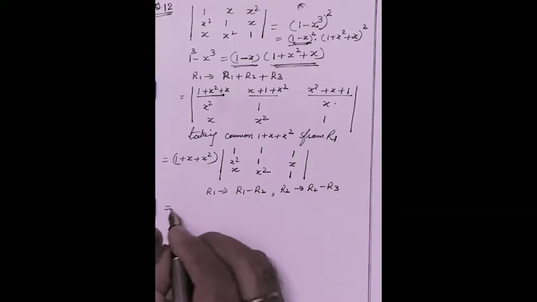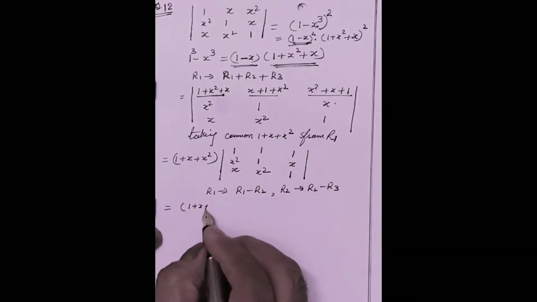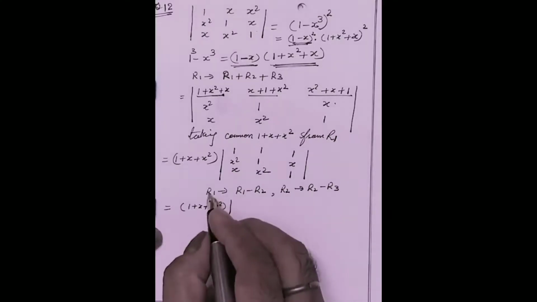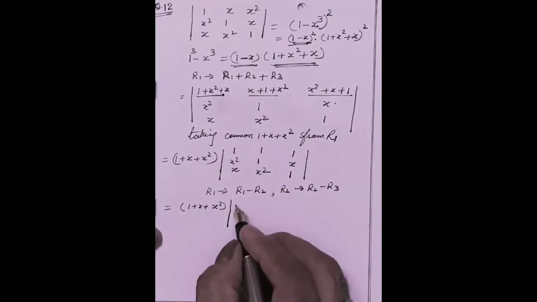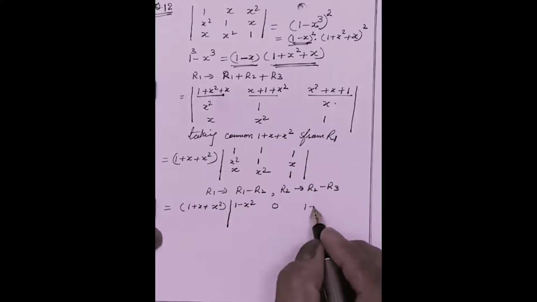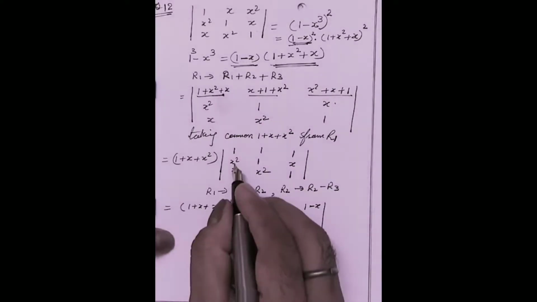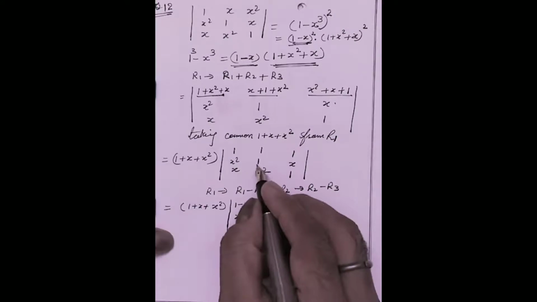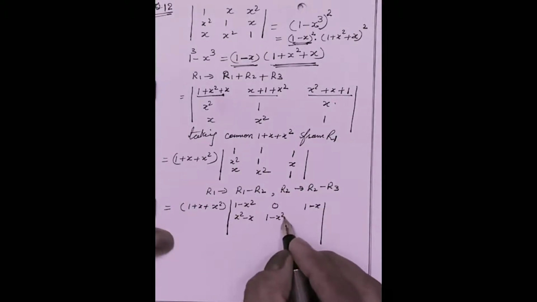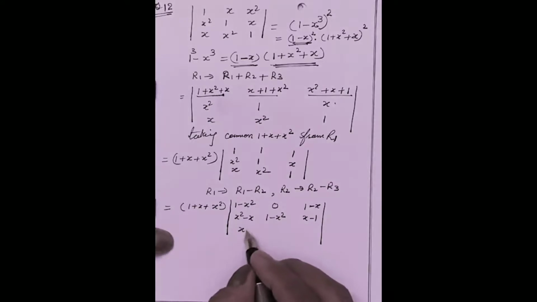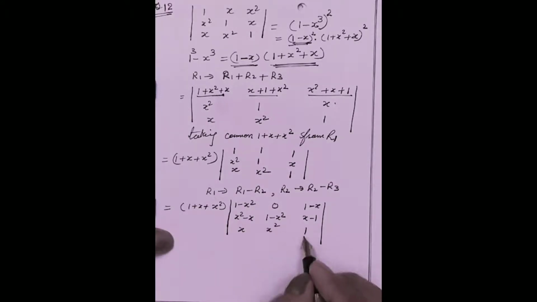Let us see. 1 plus x square is outside as a factor, and r1 will change. So 1 minus x square, 1 minus 1 is 0, and 1 minus x here. Now r2 is also going to change: x square minus x, 1 minus x square and x minus 1. r3 is the same as it is, x square and 1.